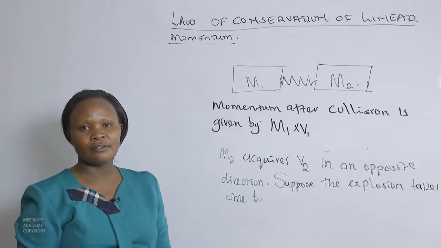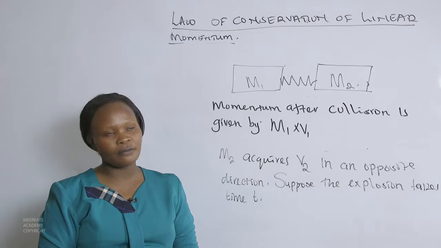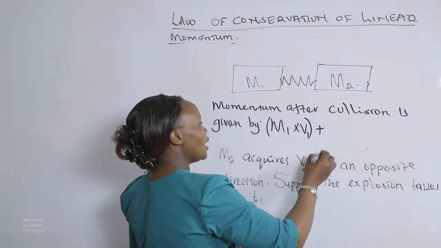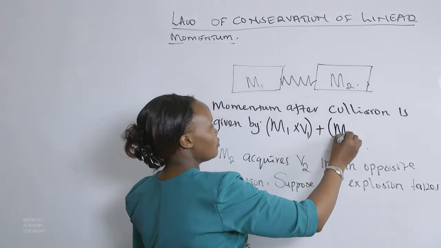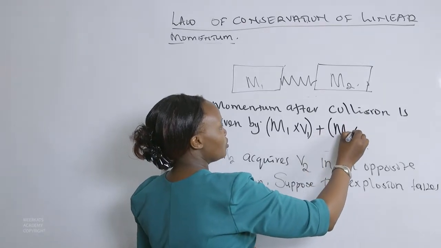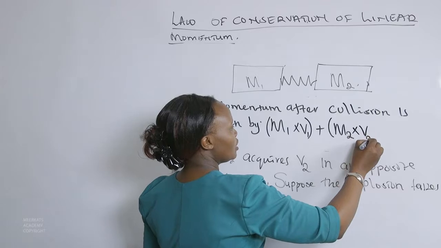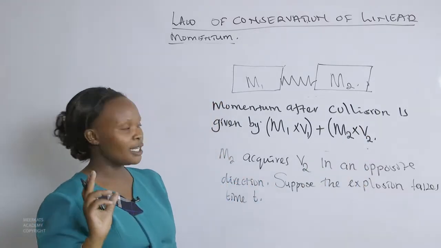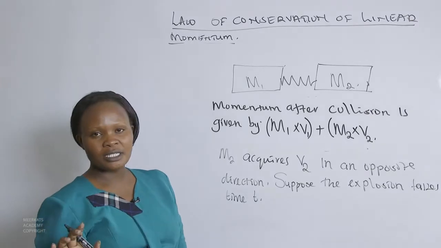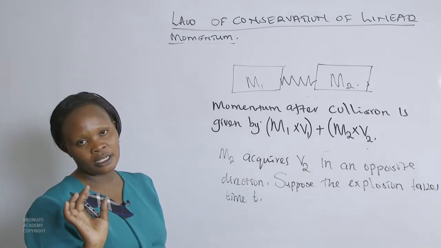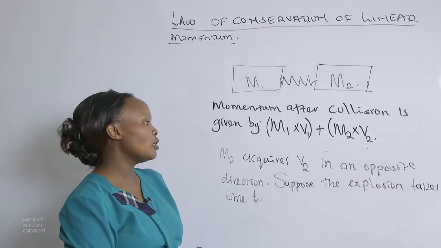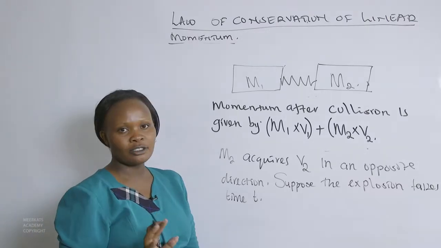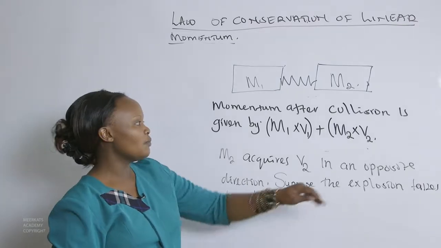Let us take the first direction to be positive, so that now we will add momentum of the second body, but note that the velocity is going to be in a different direction, and for vector quantities, direction is very important.